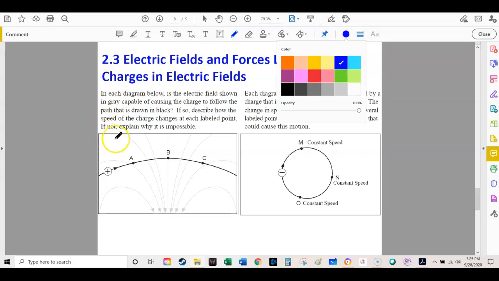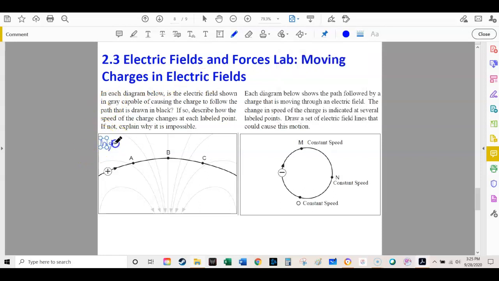So the electric field has a high density, and over here I should actually say increasing density. And then it hits a point, and then from down here it seems to be decreasing in density.